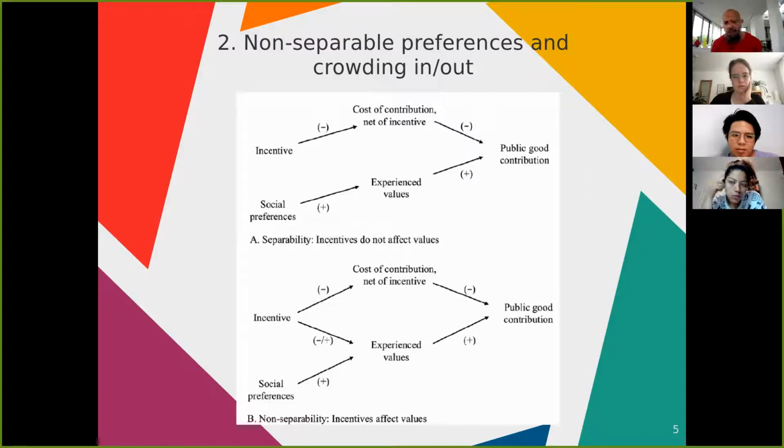So moving on to this second picture, B, this is where Bowles says, actually, it is often the case that these preferences are non-separable. So in fact, the incentive has a direct impact on the values that people experience. So by setting a tax at a certain level, the legislator may be communicating mistrust of the citizenry.